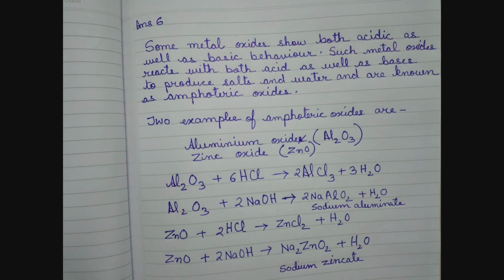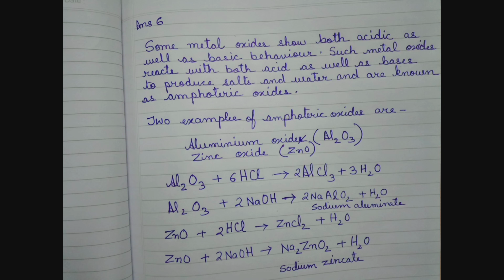Now if the question carries more marks or you are asked to show the reaction, you can include these reactions as well. So let's see the reactions, that is aluminum oxide reacts with hydrochloric acid, or aluminum oxide reacts with sodium hydroxide.